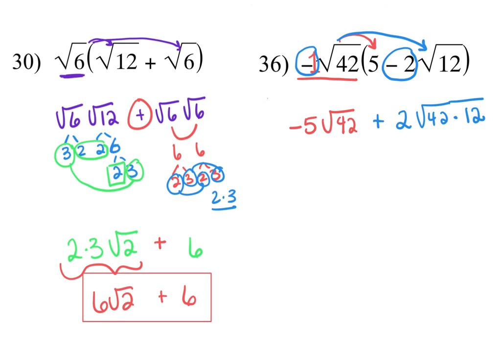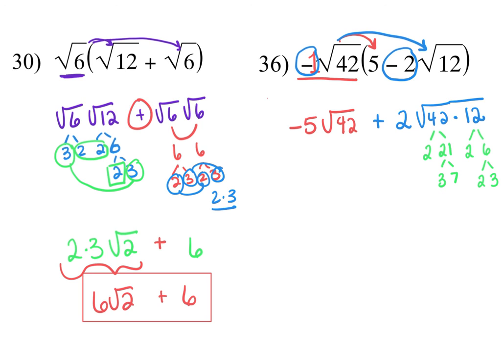I don't want to multiply those. I want to do the process that I've been doing the whole time. I want to simplify those into primes and then group them, okay? So that's what I'm going to do. I'm going to simplify this one right here. It's 2 and 21, 3 and 7. This is 2 and 6. 2 and 3. All right.